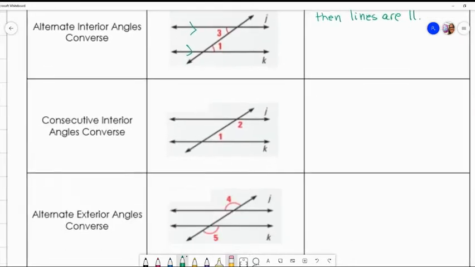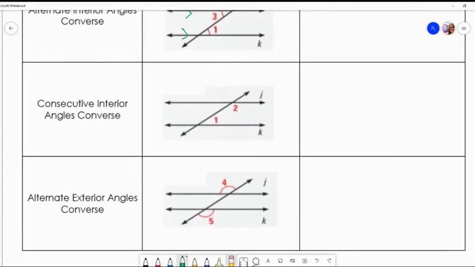Let's try another one. Okay, here we have consecutive interior angles or same side interior. For same side interior, they're not marked congruent. If we want to prove the lines are parallel, we've got to know that they're supplementary. So I'll put different angle marks on them, okay? And so then we can say if consecutive interior angles are congruent.